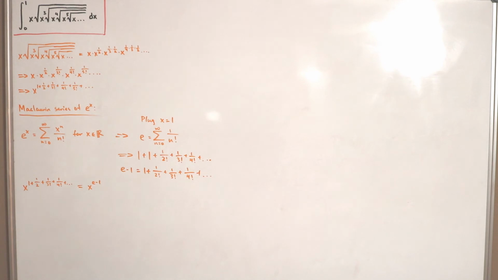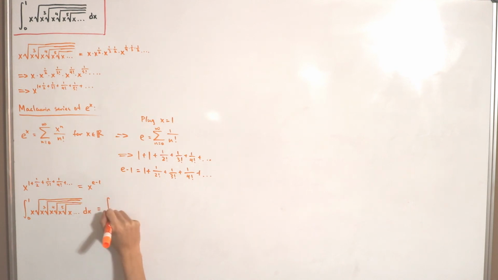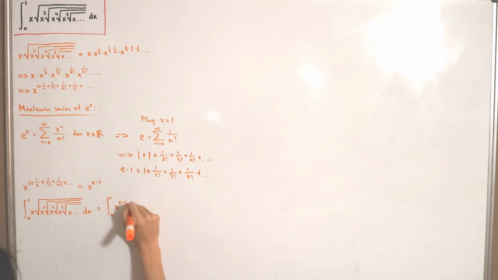Now, integrating this is easy from here. The integral from 0 to 1 of x multiplied by the square root of x multiplied by the cube root of x multiplied by the fourth root of x multiplied by the fifth root of x, and so on and so forth, dx, is simply the integral from 0 to 1 of x to the power e minus 1 dx.